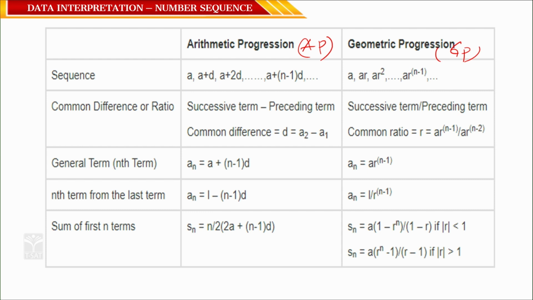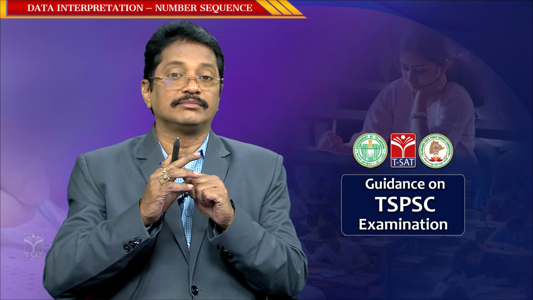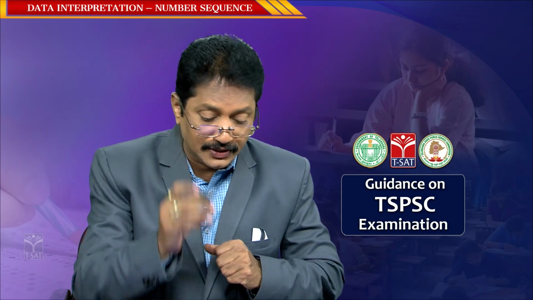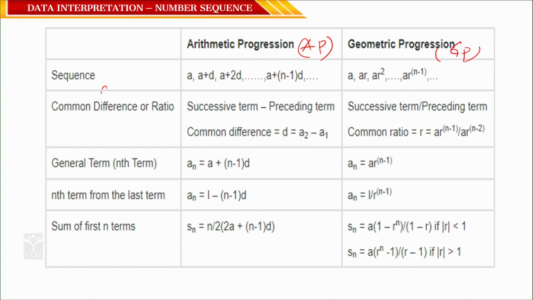For example, if there are 3 terms which are in AP, then how are we going to assume it? We can assume A - D, A, A + D, because when you add all these, the D cancels out and A will remain. That is very, very important.